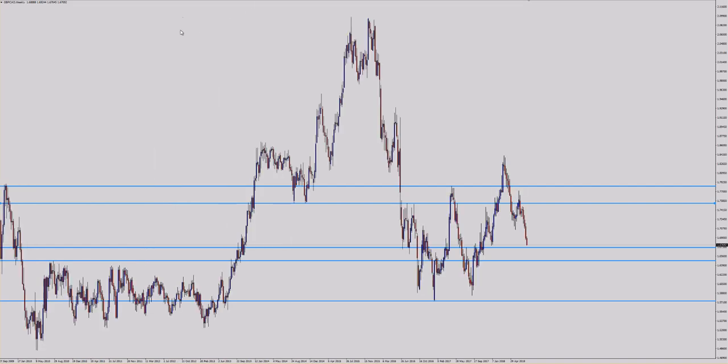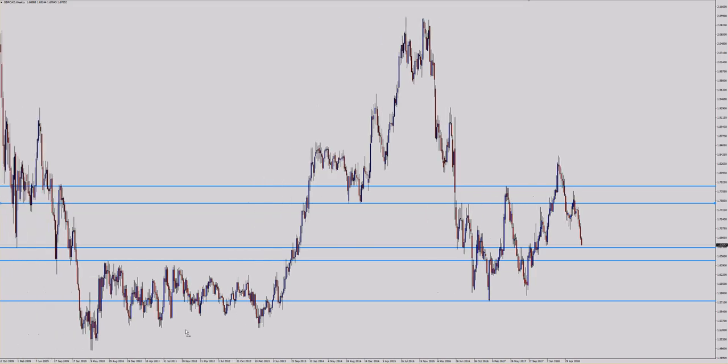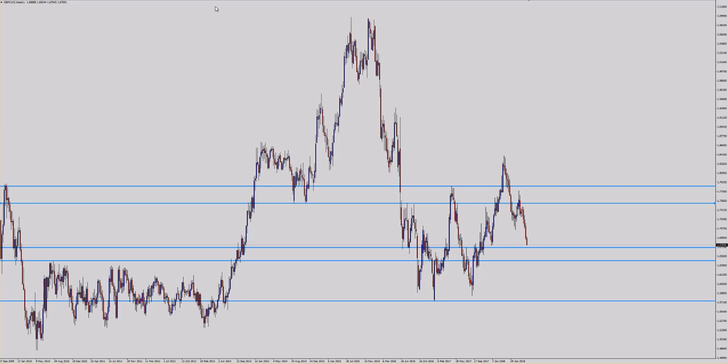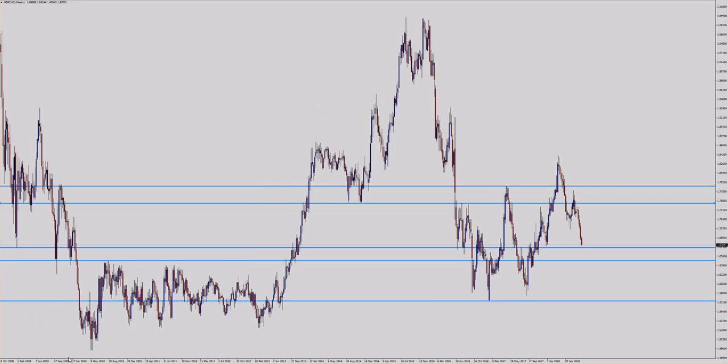This is a weekly chart, and we got the infamous lines in here. You can see the structure goes all the way back to 2009, 2008 actually. October 2008 comes down into this area. We see the battles that have been taking place, and you can see how it respects these lines so nicely.